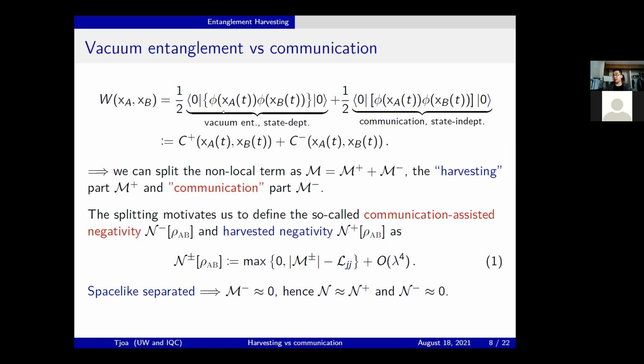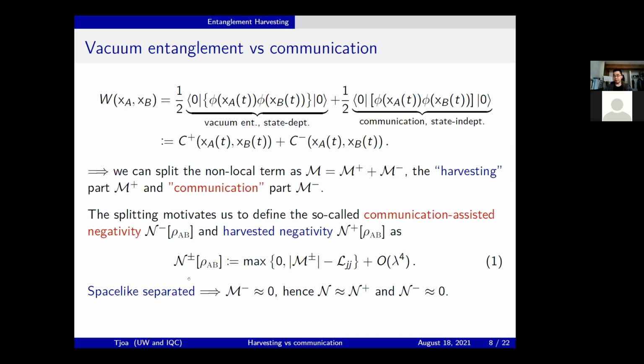Okay? For all practical purposes, we'll be talking just about scalar fields in this talk, but I would expect that further work will show that these are actually generic features of standard quantum fields. Now, this splitting, which is based on the commutator anti-commutator split, will also motivate us to check if the negativity comes from communication or harvesting.